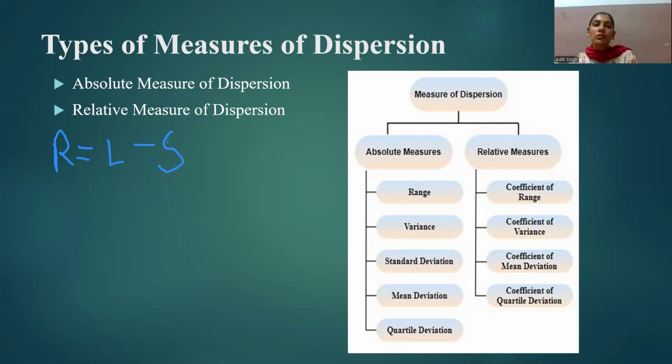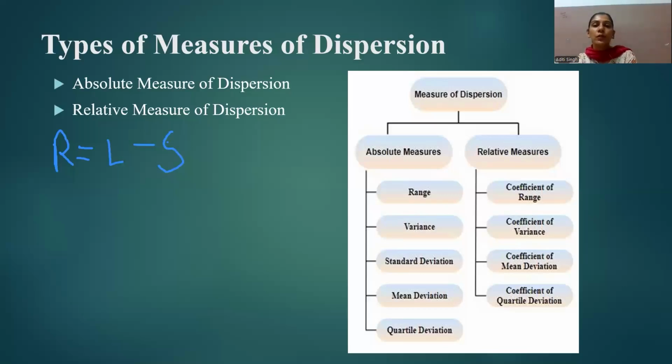The range offers a good indicator of how dispersed the data is, but we need other measures of variability to discover the dispersion of data from the central tendency measure. Range is the most commonly used and easily understandable measure of dispersion.